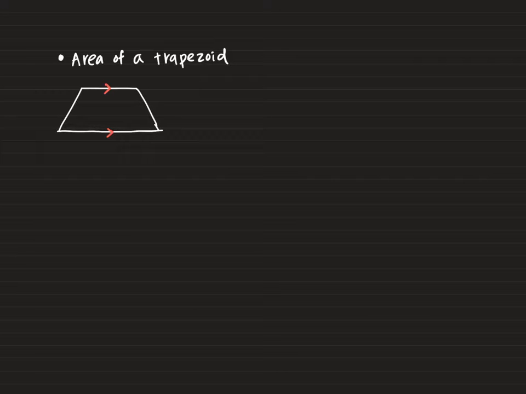So what you do is you add the top and the bottom length, and then you multiply by the height, which meets at a 90 degree angle, and then you divide it by 2, because when you add those, you're actually putting 2 of the same figure together and extending it to make a parallelogram.